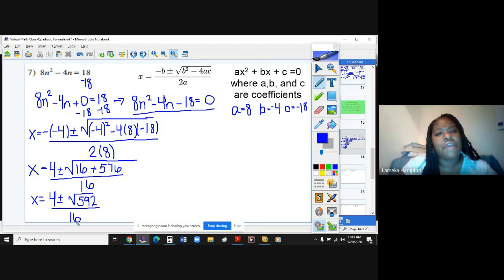The square root of 592, that's going to give me a decimal of some sort, simply because 592 is not a perfect square, meaning that it will not give me a whole number that's going to be multiplied by another whole number to give me 592. So what does this mean as it relates to the answer? Well, this is what it means. Your answer is simply going to be this.